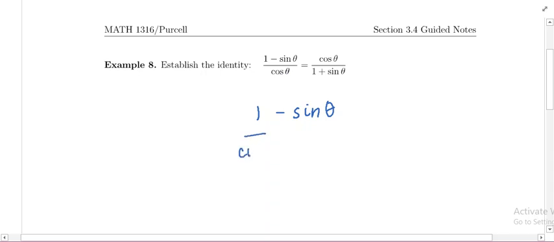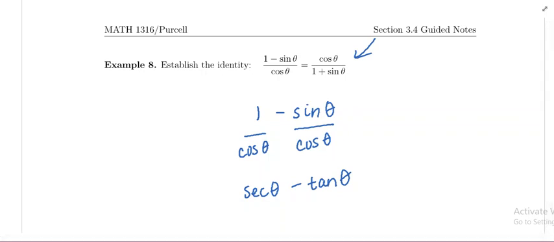You would get 1 over the cosine of theta minus sine theta over the cosine of theta, and that's going to turn into the secant of theta minus the tangent of theta. That is not what you're trying to get. That doesn't even come close to the right side of this equation.